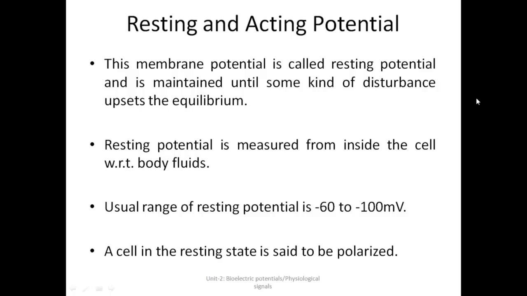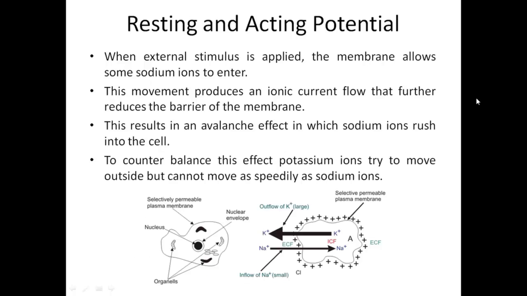Since we always measure the resting potential from inside the cell with respect to the outer fluid, it will always be negative. The usual range is from minus 60 to minus 100 millivolts. In the resting state, we say that the cell is polarized. This kind of cell is known as a polarized cell.